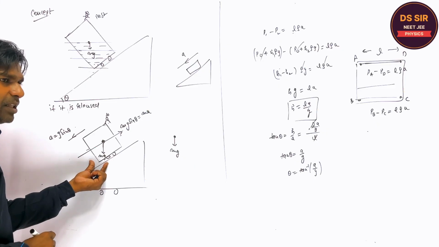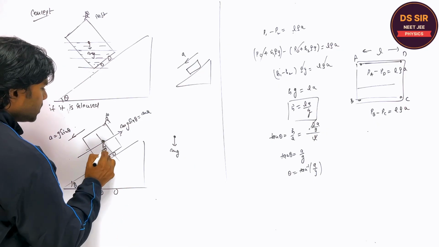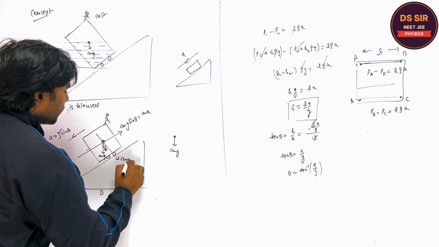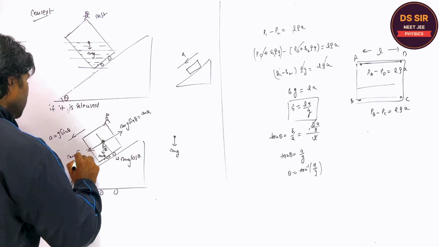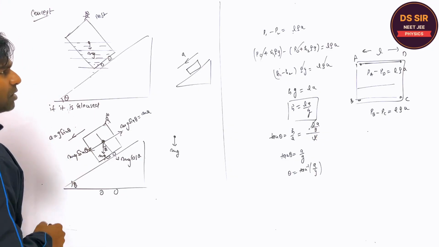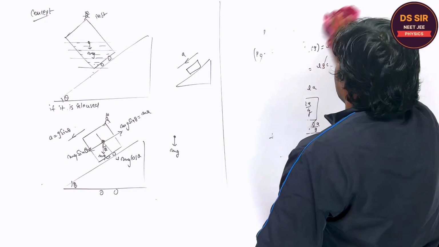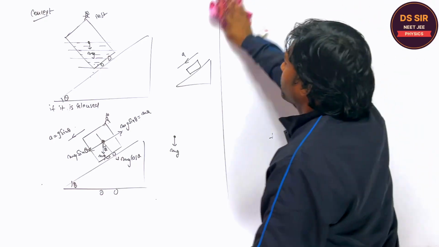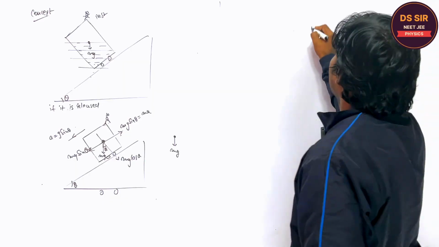And mg is acting in this direction. If this is theta, you can resolve this. This is mg cos theta. This is mg sine theta. Is it clear or not? So if it is released from rest, what is the net force on a water molecule?